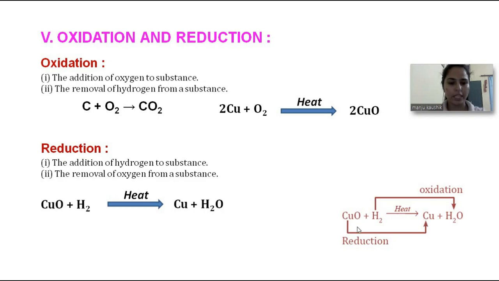There is removal of oxygen from this copper oxide, so it is undergoing reduction. Whereas hydrogen is getting converted into H2O by the addition of oxygen. So here oxidation and reduction both are taking place. These are the examples of oxidation and reduction.